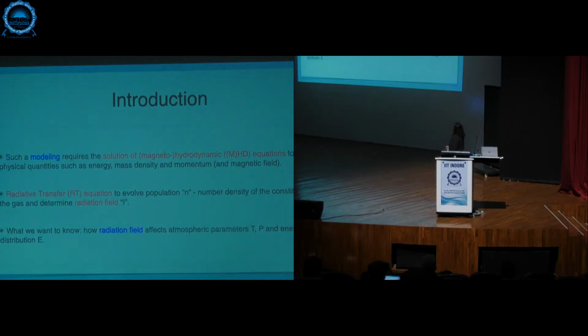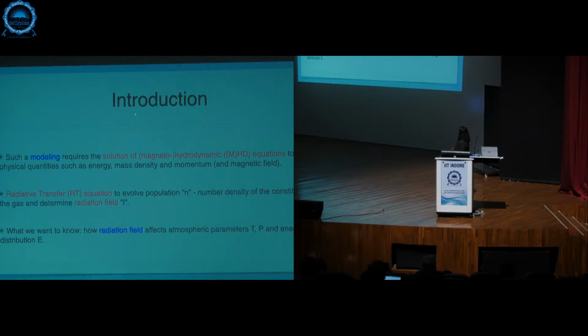Such modeling requires the solution of magnetohydrodynamic equations to evolve physical quantities such as density, energy, velocity, etc. On the other hand, we want the radiative transfer equation to evolve populations, which correspond to the gas density and the constituents of the gas.